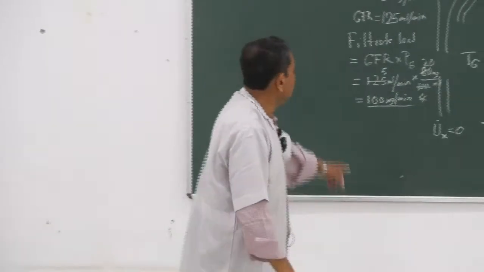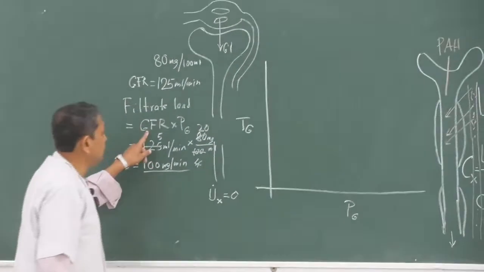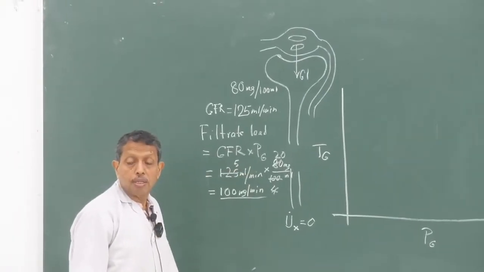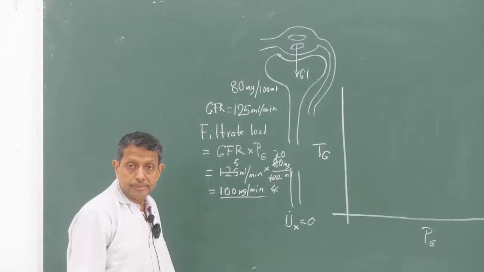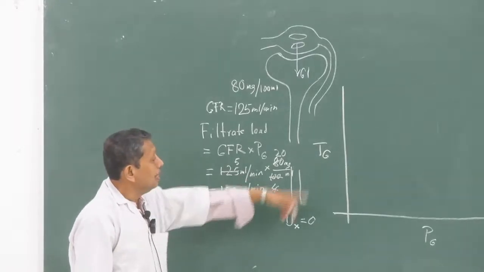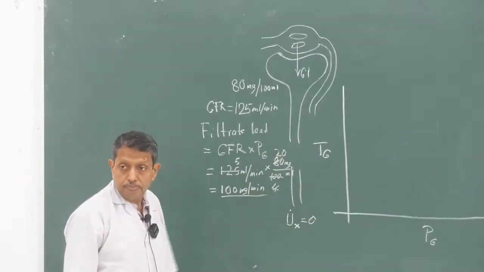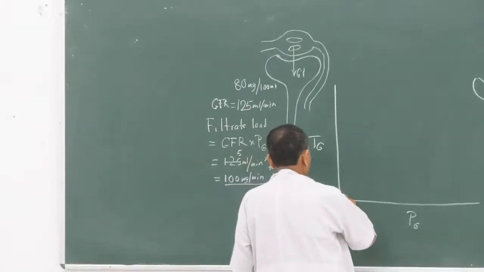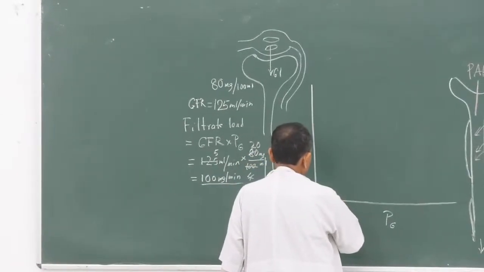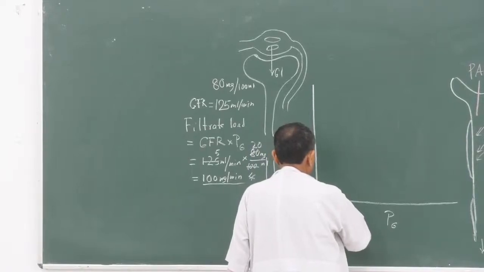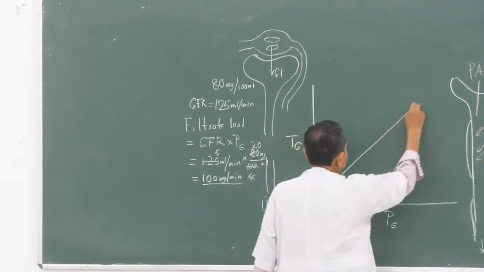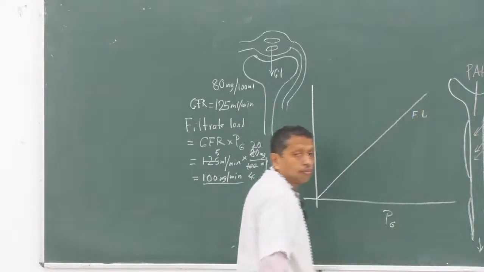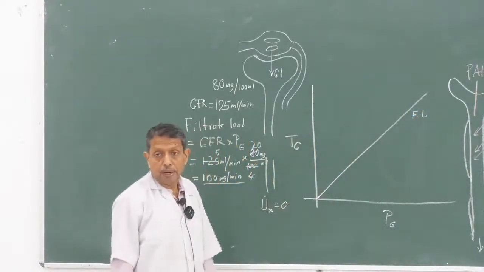Load is dependent upon plasma glucose if GFR remains constant. Plasma glucose will vary, and so it will be a straight line going through the origin, the filtered load, with the slope equal to GFR.